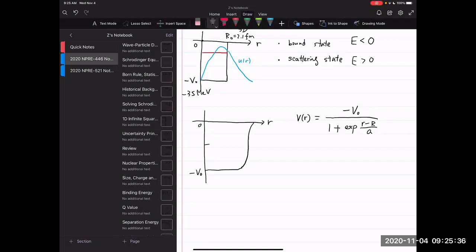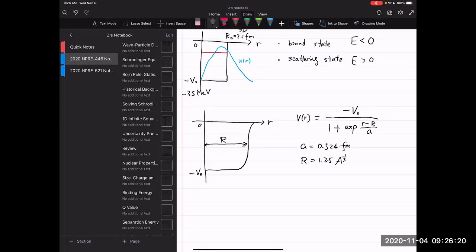R is roughly the size of the radius of this nucleus. Typical parameters we use: for a it's 0.524 Fermi, and R is 1.25 times the cubic root of A, the atomic mass number, the number of neutrons and protons added together.